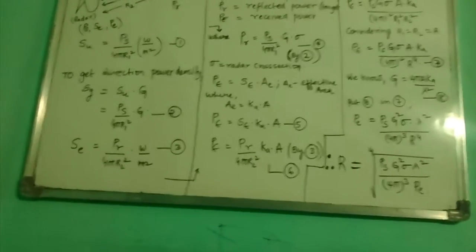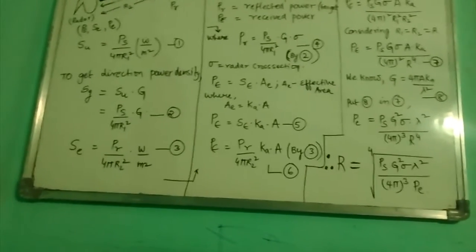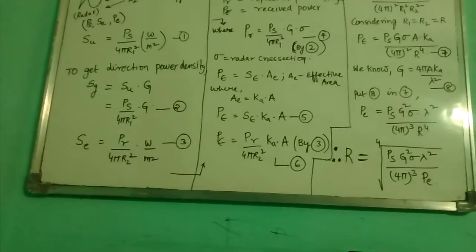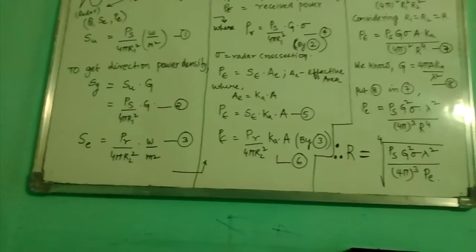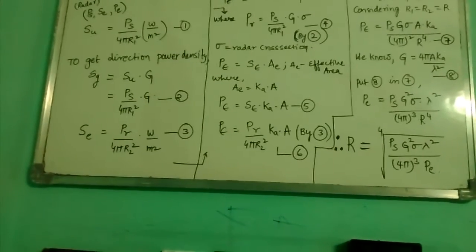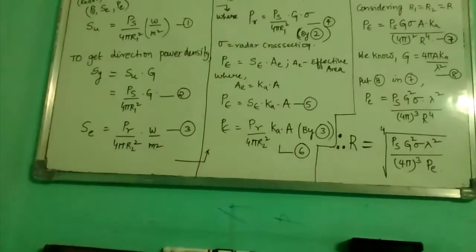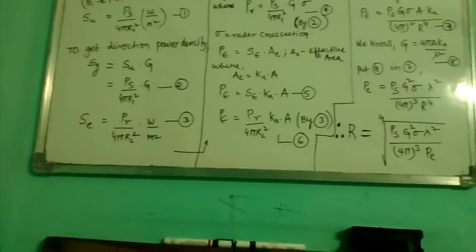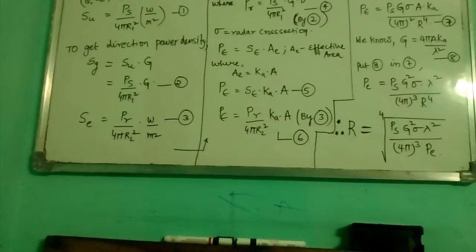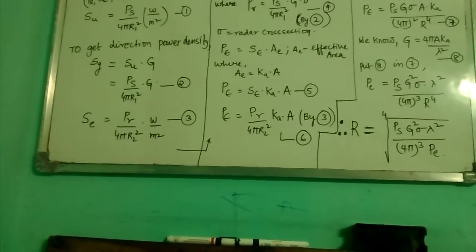It is multiplied by a factor K, which might be 0.6 or 0.7, but we take it as a constant. So AE is the effective area, A is the actual area, and K is a multiplying factor. Now substitute AE in PE equal to SE into AE, and we get the fifth equation. As we know from 3, SE is this, so substituting it in the PE equation, we get equation number 6.